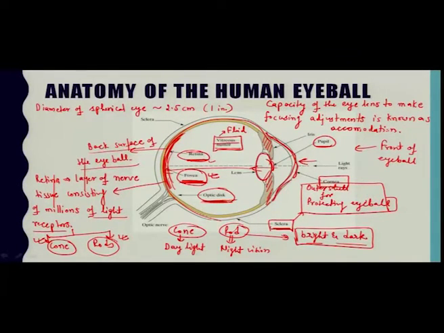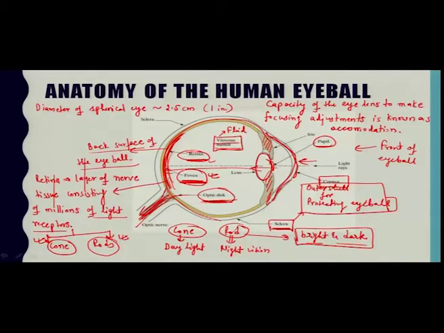It is the region of the retina where the optic nerve is located. These are the optic nerves. These optic nerves transmit the image focused on the retina to the visual centers of the brain for further interpretation.